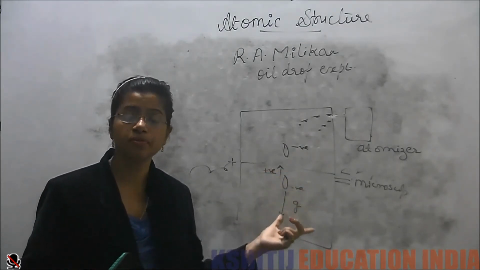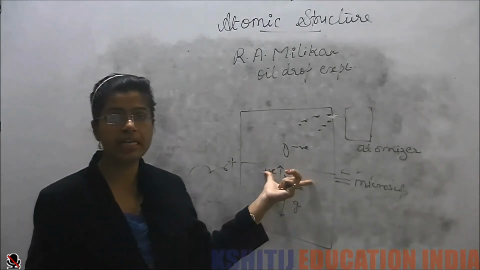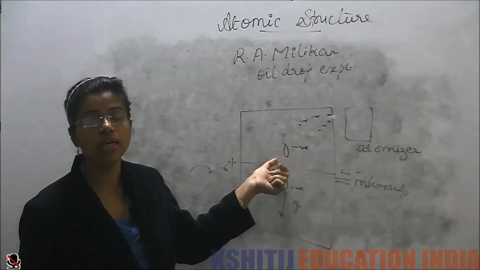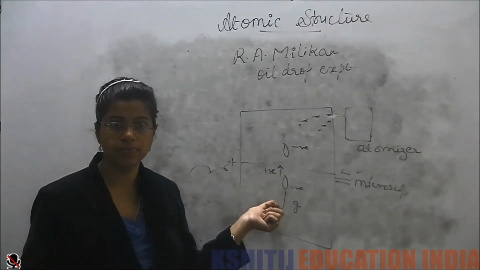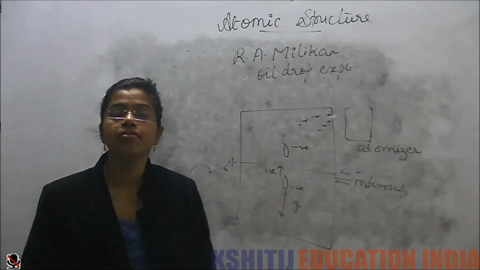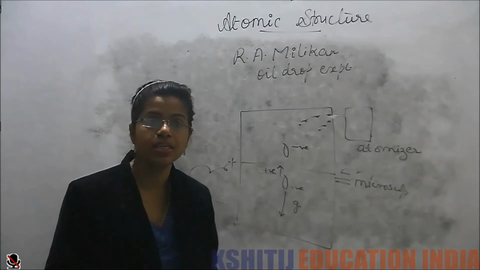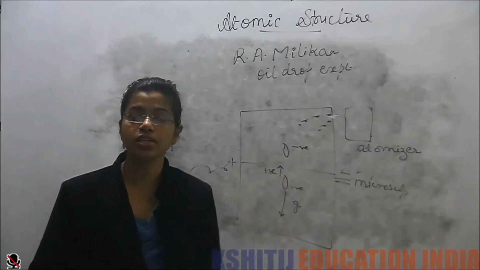So we adjust the voltage in the plates such that the electrical attraction upward just balances the force of gravity downward. Then we use the voltage needed to establish the balance to calculate the mass to charge ratio for this droplet.